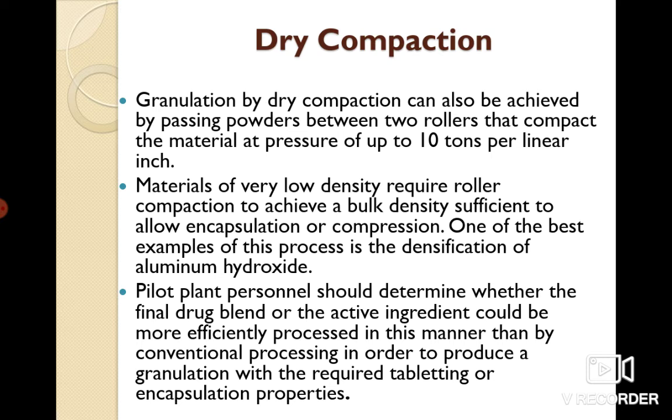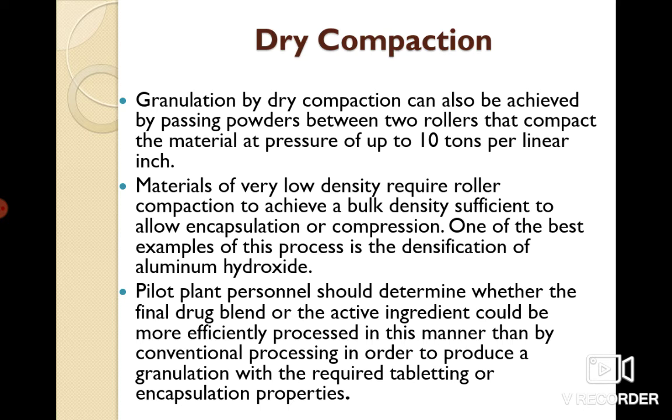Then the next is dry compaction. Granulation by dry compaction can also be achieved by passing powder between two rollers that compact the material at pressures of up to 10 tons per linear inch. Materials of very low density require roller compaction to achieve a bulk density sufficient to allow encapsulation or compression.